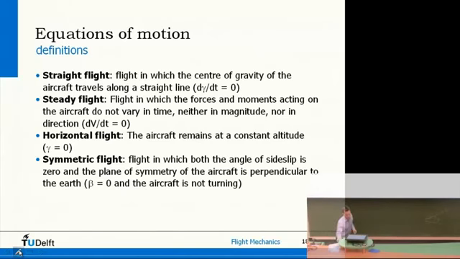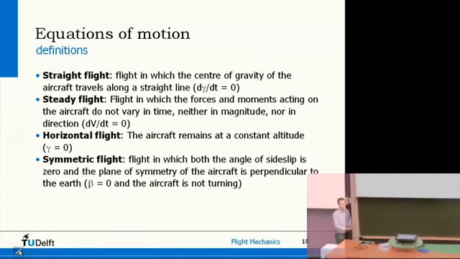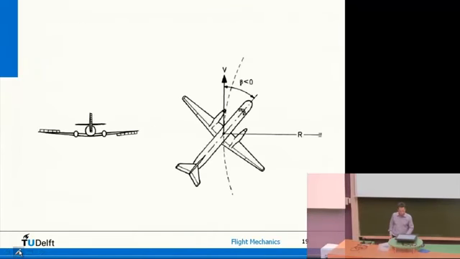Now, the final one, symmetric flight, is not so relevant for this lecture really. All it means is that the aircraft is not turning. There's one additional thing, and that is that the plane of symmetry of the aircraft is perpendicular to the Earth. That is maybe a bit difficult to understand directly, so what do I mean with that?